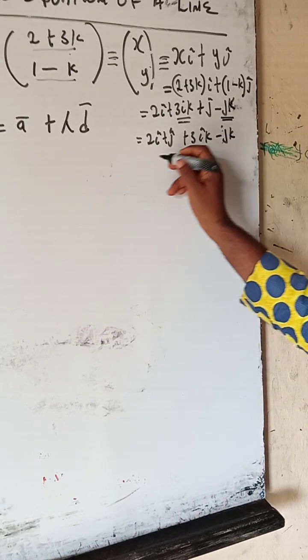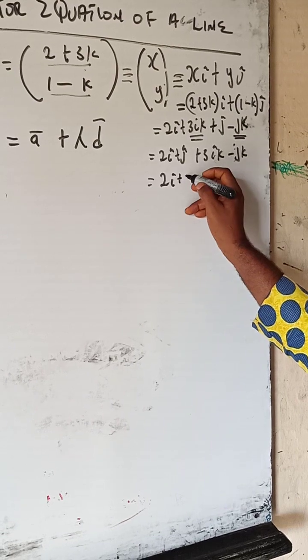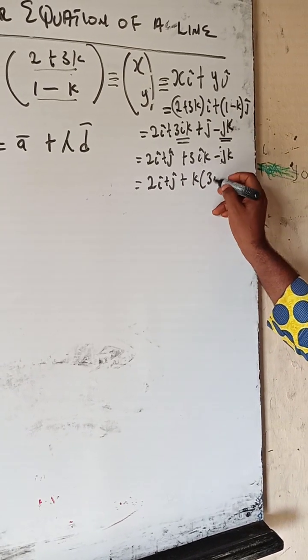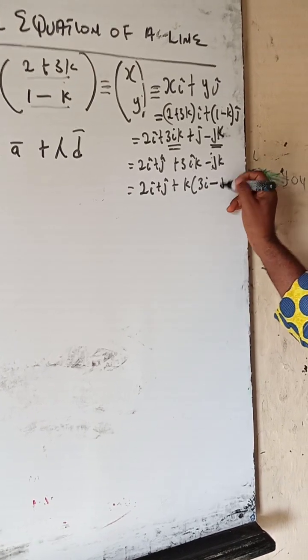So I can factorize k out. So I have 2i plus j plus k bracket 3i minus, if I take it, minus j.